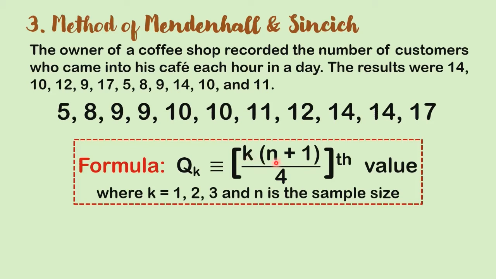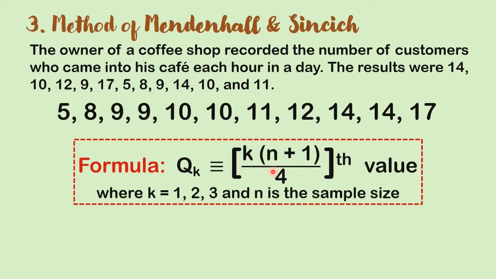What is N? Ang N, kung gaano kadami yung data or yung values na nakikita nyo dito. So, we have here 11 values. So, N is equal to 11. Kaya 4 ang nasa denominator kasi we're dealing with quartiles. Kinakat natin yung data into 4 equal parts.